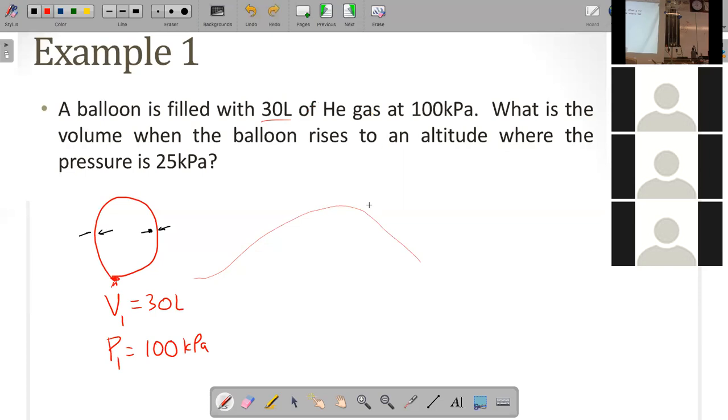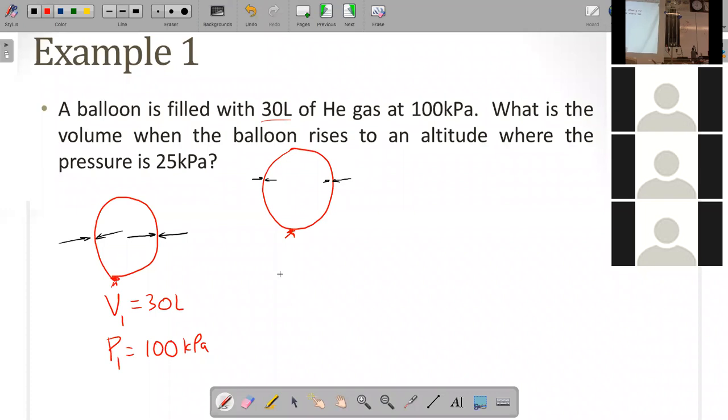Let me just get rid of my mountain. So here it is higher up. It's bigger in size because low in the atmosphere, there's a pressure from the atmosphere and a pressure from the gas. When we go higher up, the pressure is reduced and the volume will increase.